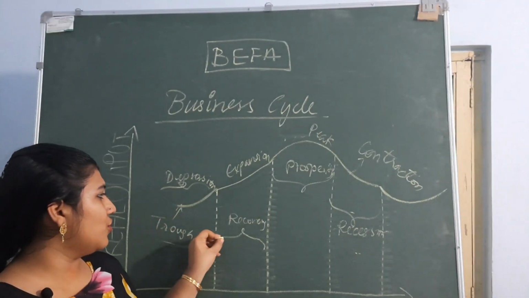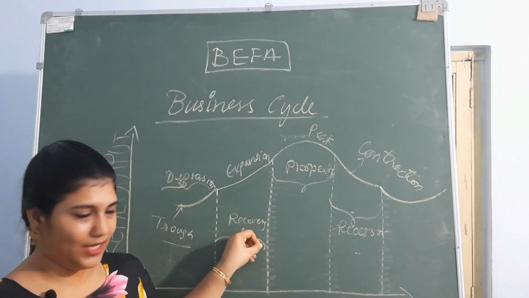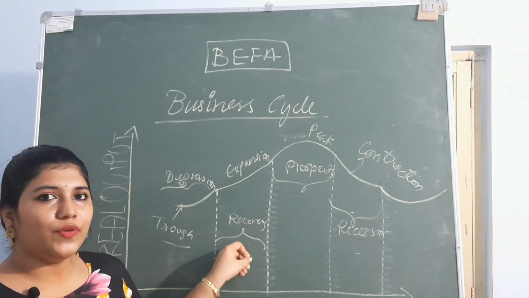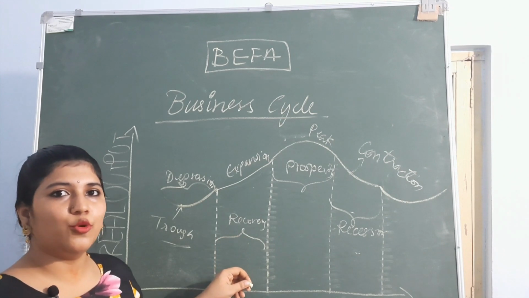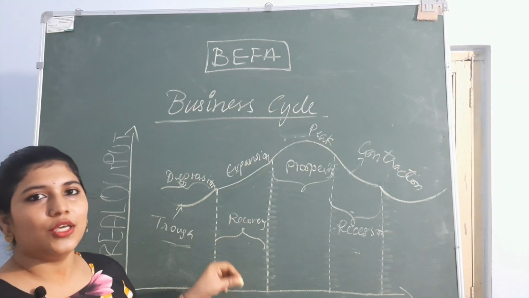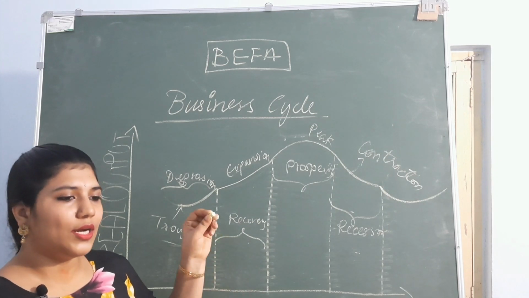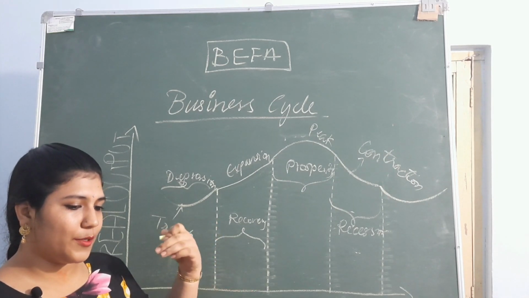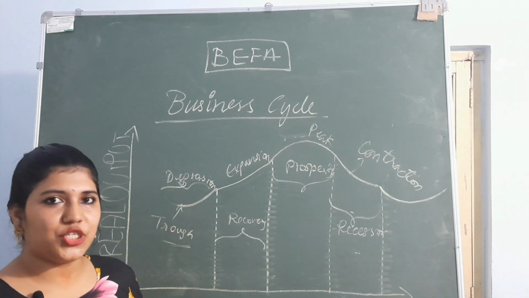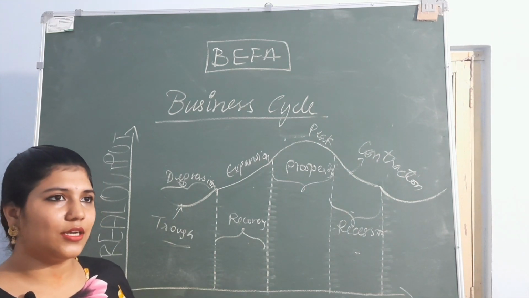Then it will move on to the recovery and expansion stage. In the recovery stage, you will have an upward movement of output and employment. Here you will find new interest in new plant and machinery, etc. New starting, new interaction.